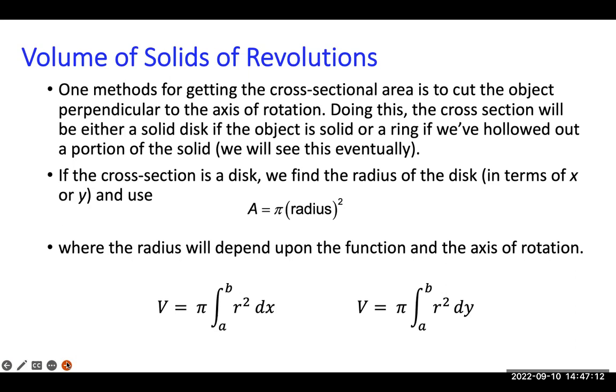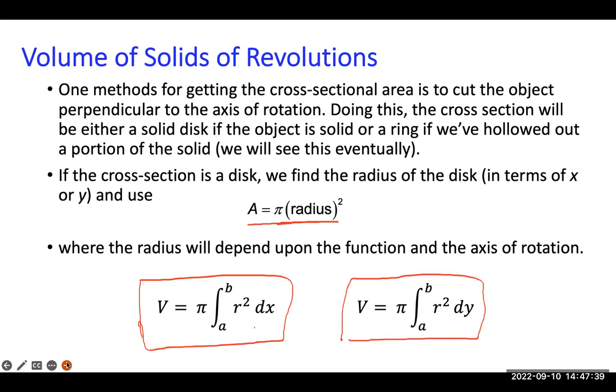So we go back to the formula of a circle: since the area of that cross-sectional region is pi r squared, finding the volume of a solid of revolution is nothing more than taking pi r squared times delta x. If you're revolving around the y-axis or a vertical line, the formula is pi r squared, but instead of using a dx, we use a dy.